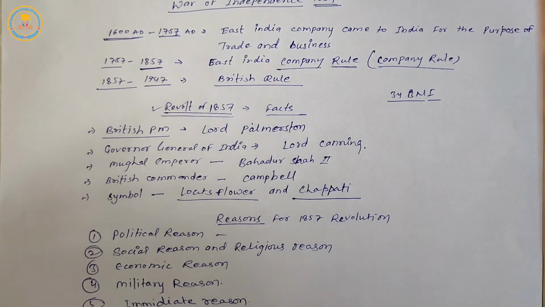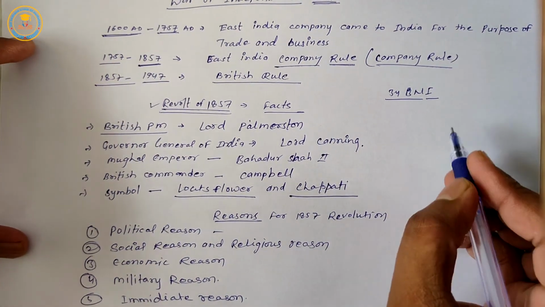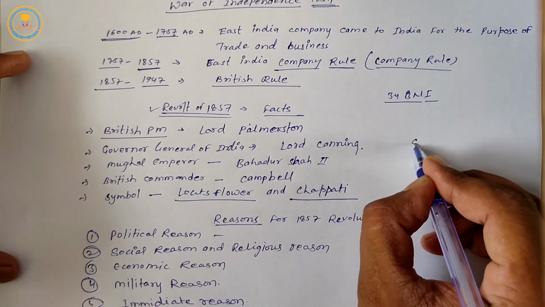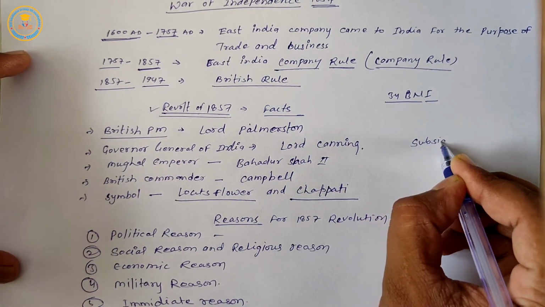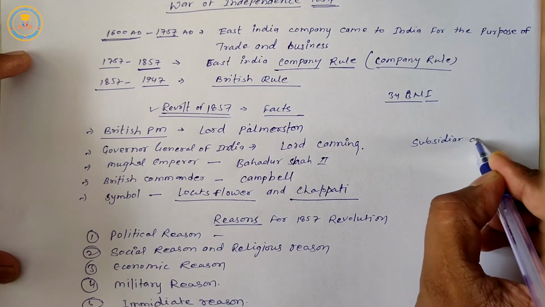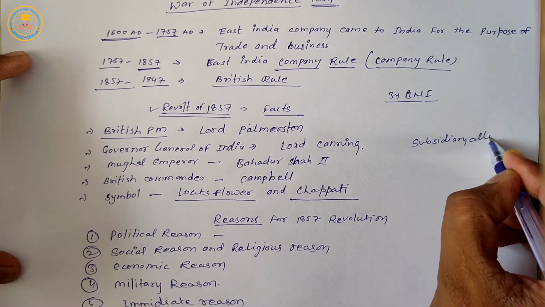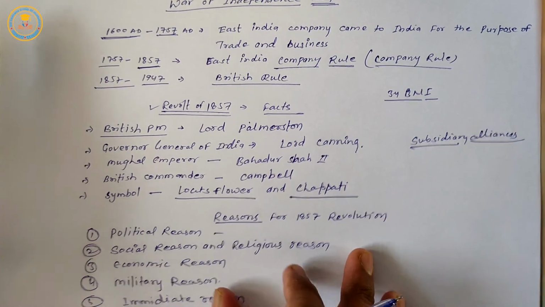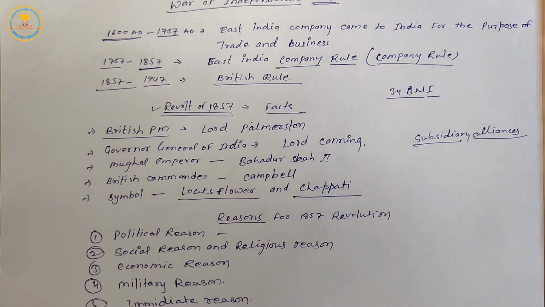And fourth, the Britishers interfered in the internal matters of Indian rulers through the policy of subsidiary alliances. This policy was started by Lord Wellesley.